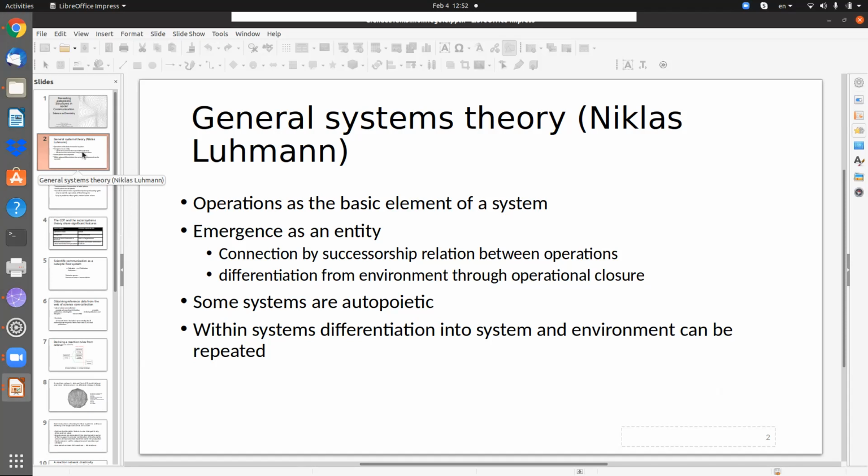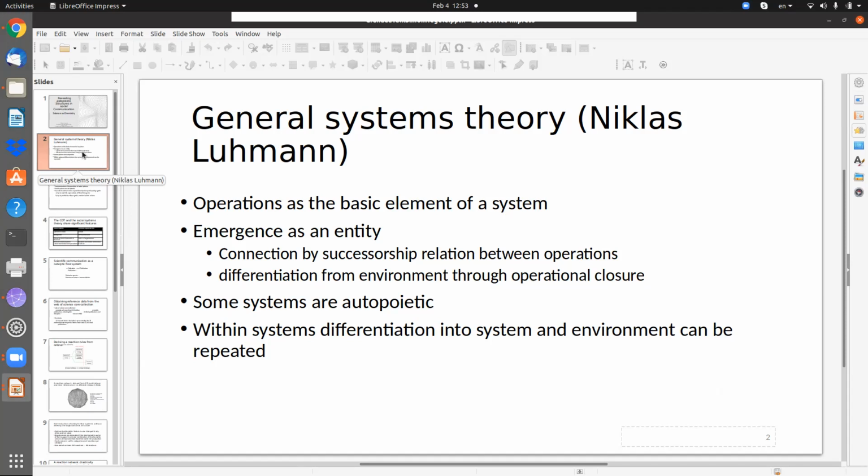In order to have this entity, you need cohesion, which here is the connection by the successorship relation between these operations. Like I said, operations will lead to other operations. So in chemistry, for example, a reaction produces molecules that can then be used for another reaction.